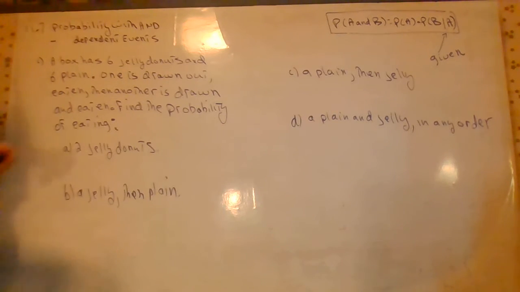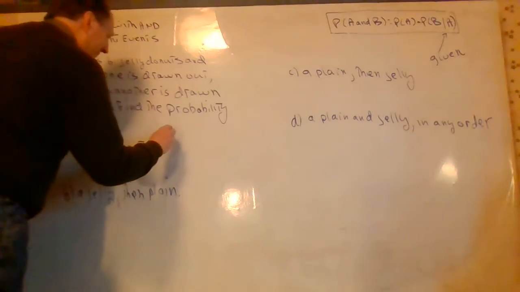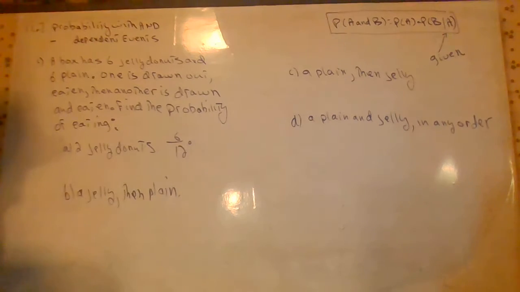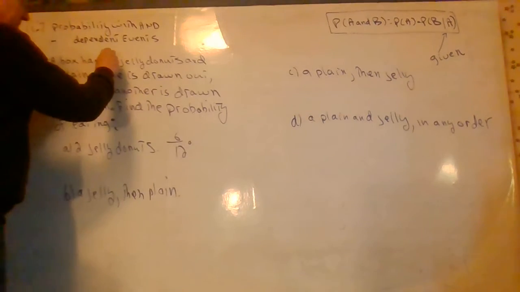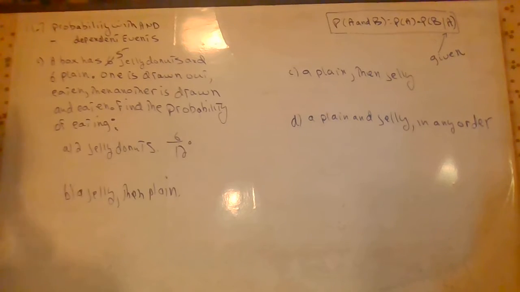Well, the probability of the first jelly donut is going to be 6 out of 12. But then we want the probability of a second jelly donut given the first one was drawn out. Well, guess what? If we draw a jelly donut out, that becomes 5.